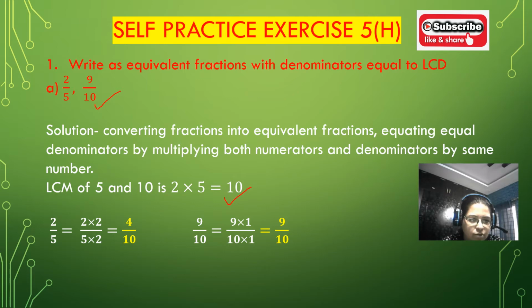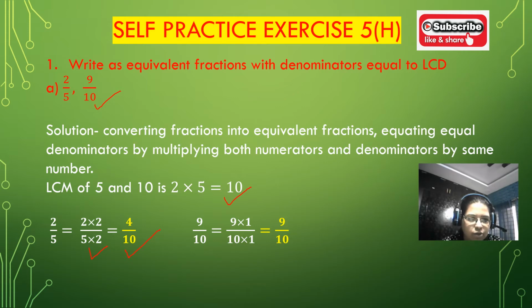So we get 2 divided by 5 equal to 2 multiplied with 2 divided by 5 multiplied with 2. As 5 multiplied with 2 is 10, which is equal to the LCM or LCD of the denominators 5 and 10. So 2 multiplied with 2 is 4 and 5 multiplied with 2 is 10. So we get 4 divided by 10, which is the equivalent fraction of 2 divided by 5.